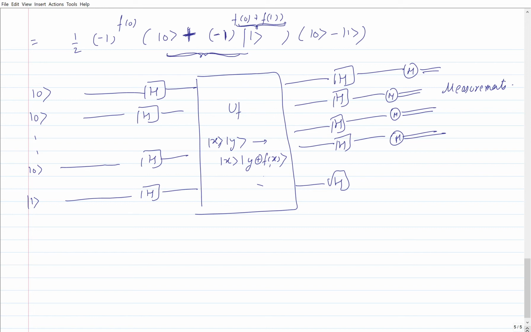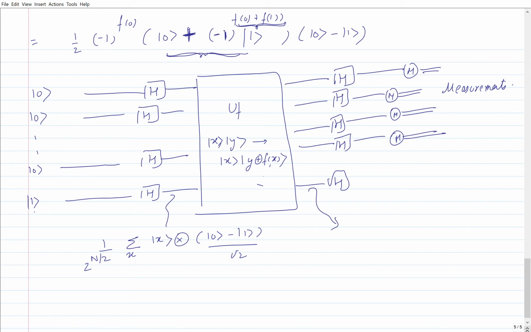Okay, so I can write down the state over here as nothing but the sum over x, ket x, tensored with 0 minus 1, so that remains the same. And I'll have a 2 to the n by 2 over here.